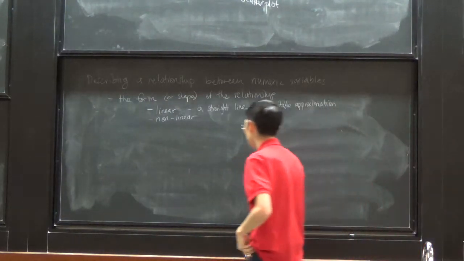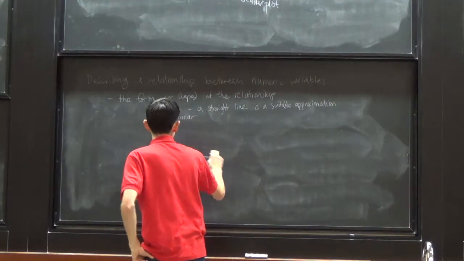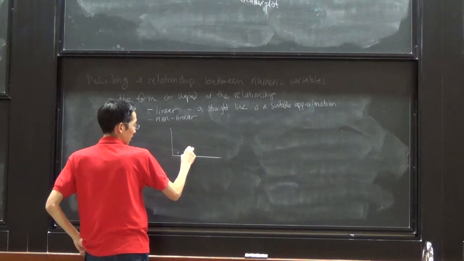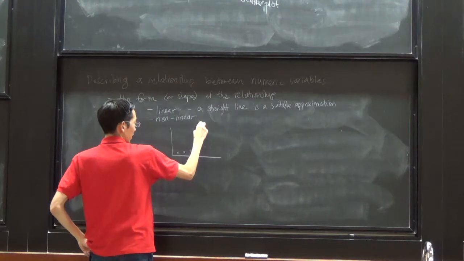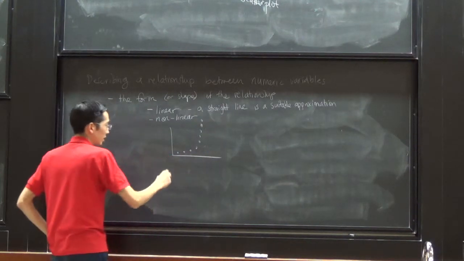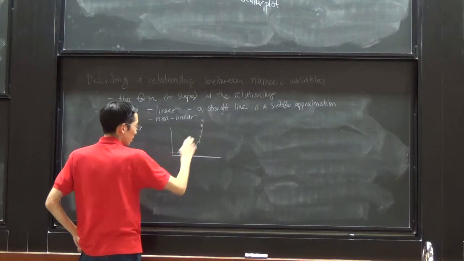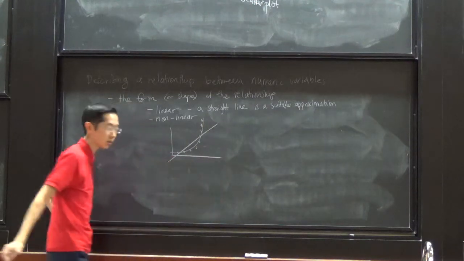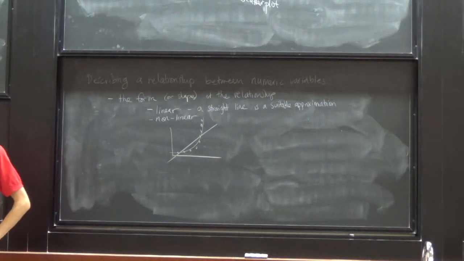Nonlinear would be anything where maybe your scatter plots look something like that, okay? So a straight line doesn't quite capture what's happening with the data.